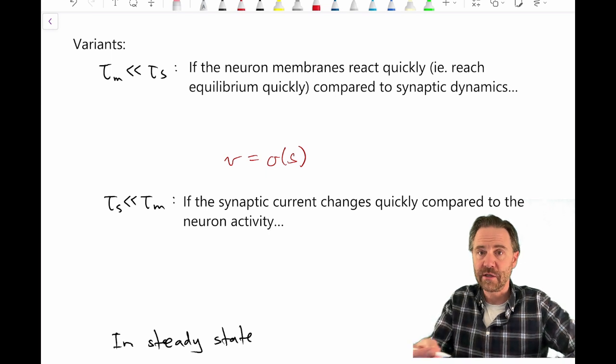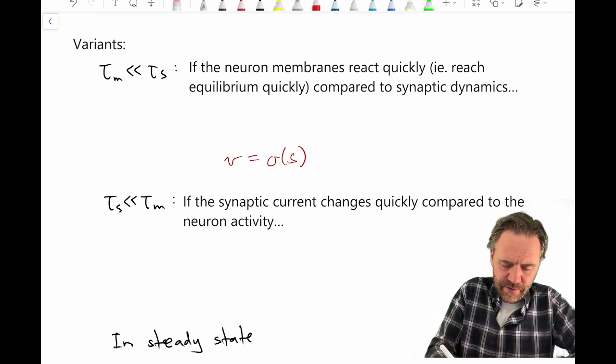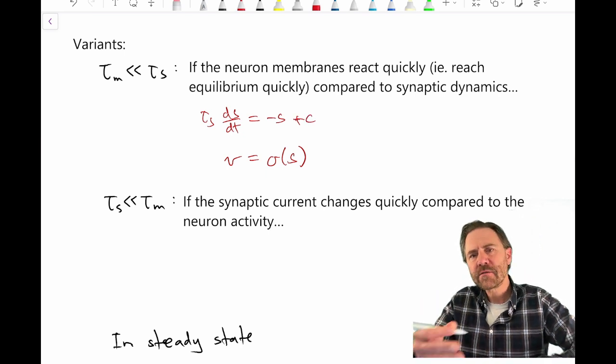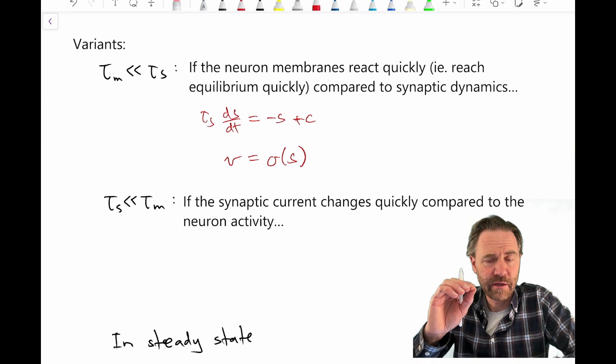So S is constant relative to V, because S is changing slowly. Tau sub S dS/dt equals -S plus c.